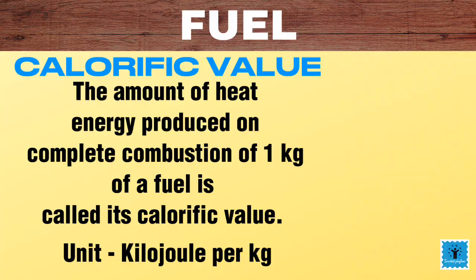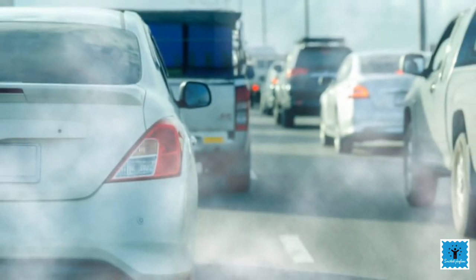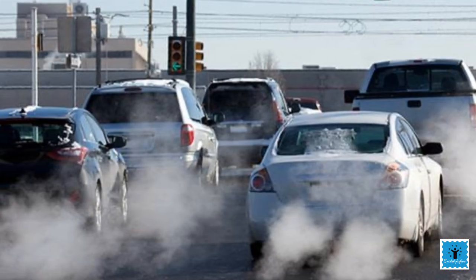For example, calorific value of LPG is 55,000 kilojoule per kg, while the calorific value of kerosene is 45,000 kilojoule per kg. But increasing use of these fuels has some harmful effect on the environment.